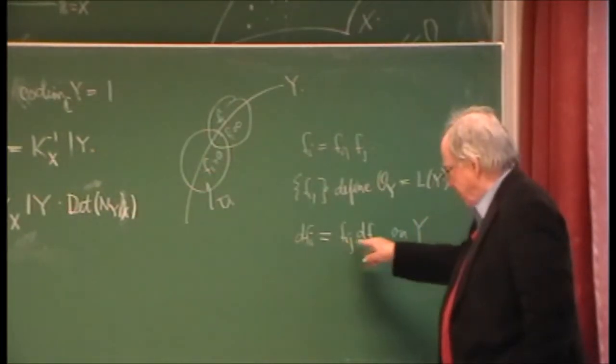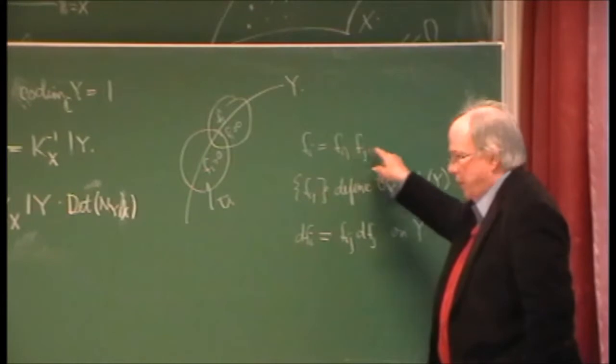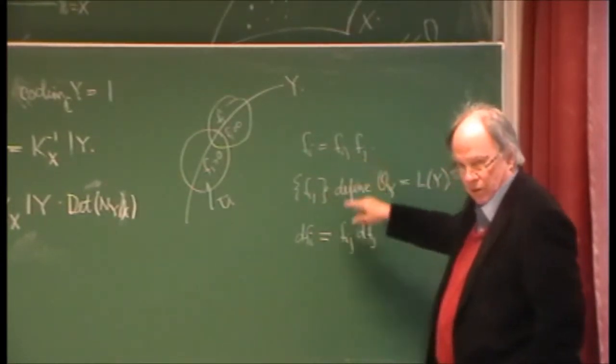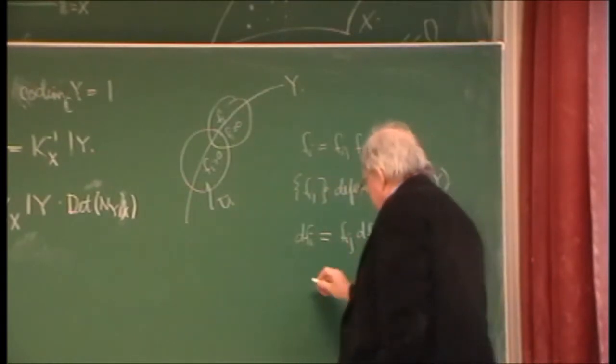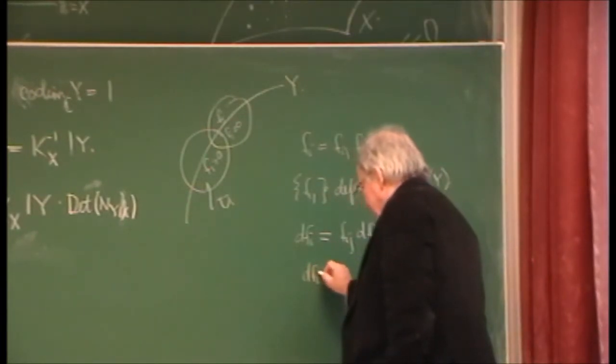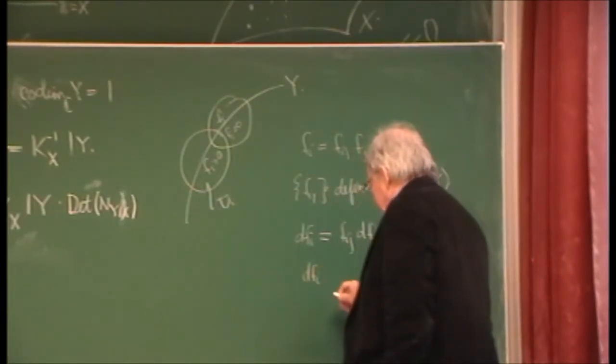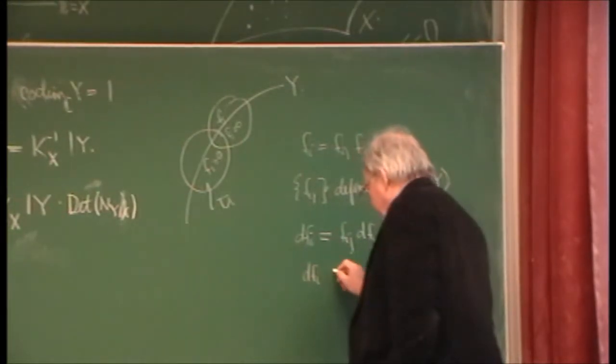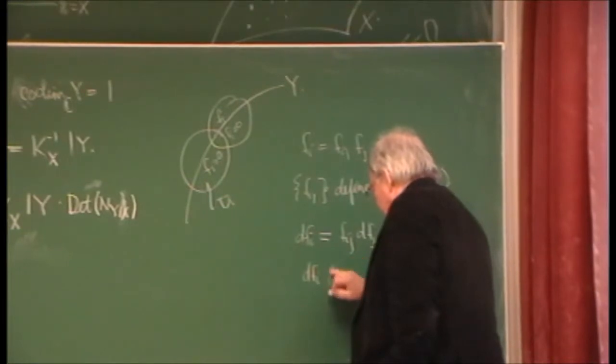You see, if you differentiate this thing here, you get another term, but on y, that thing is 0, so that vanishes. So you see the differentials of these things, this thing defines the same bundle. Yeah, these differentials define the same bundle. So this bundle, restricted, defines the same bundle.